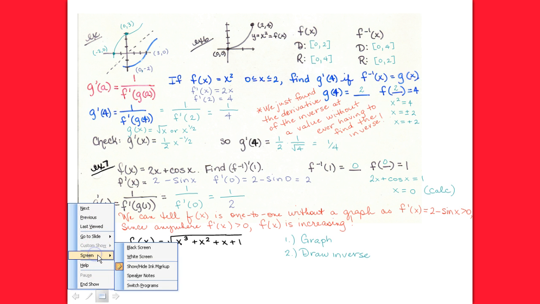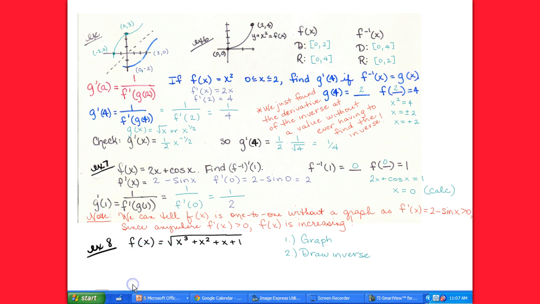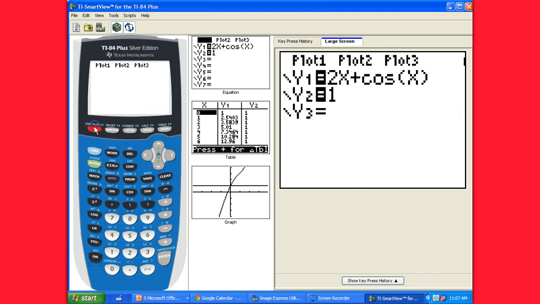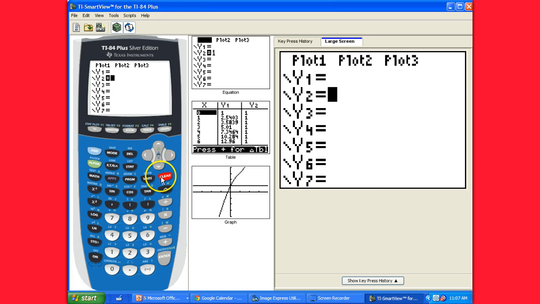So first off, we want to go to y equals and put in our new equation. Let me clear out what we've got in here.